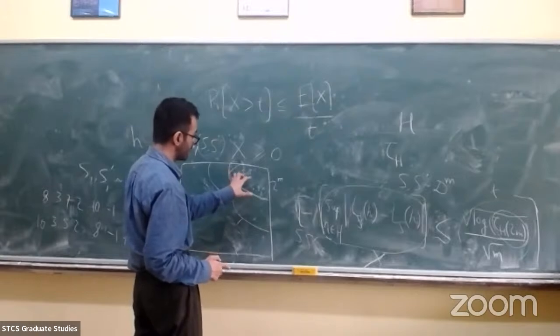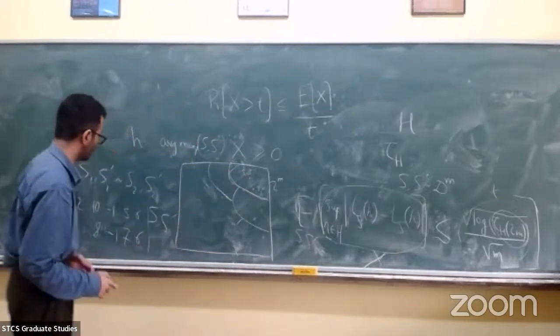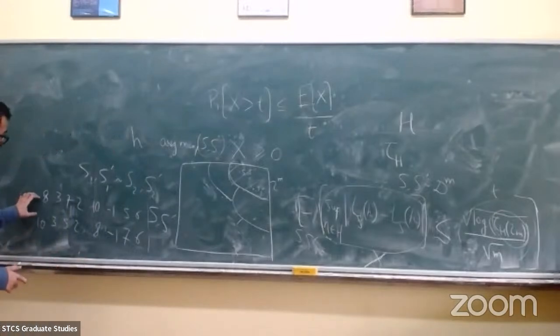And inside each part, the sample multi-sets themselves are the same, right? So it is the same samples just shuffled around.